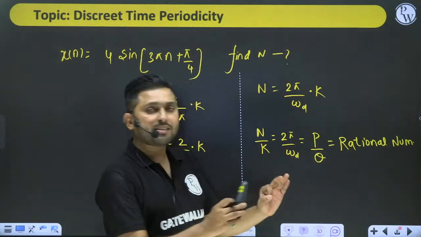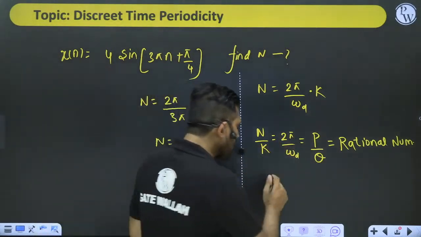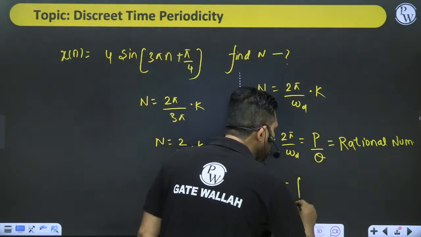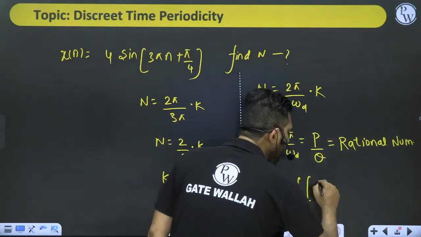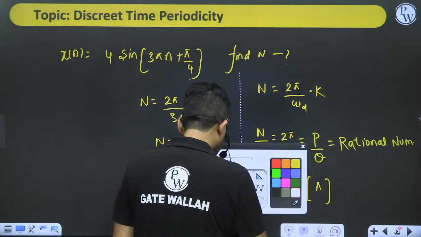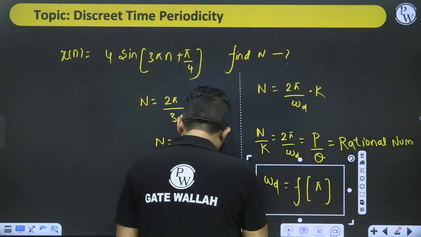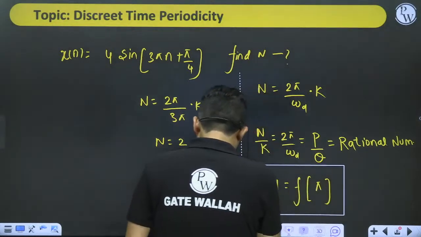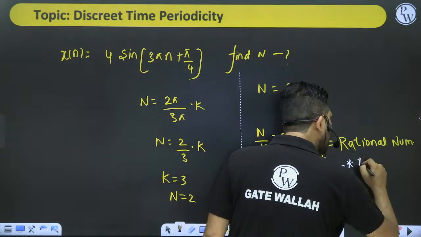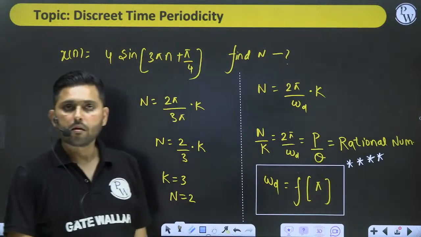Now to make this a rational number, this omega d, very, very important point I am writing, must be a function of pi. One of the most important observations that you have to take care of. What am I saying?